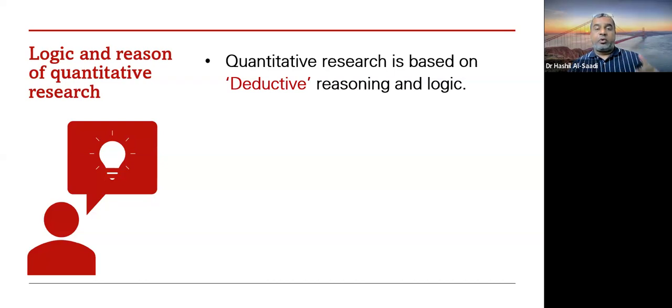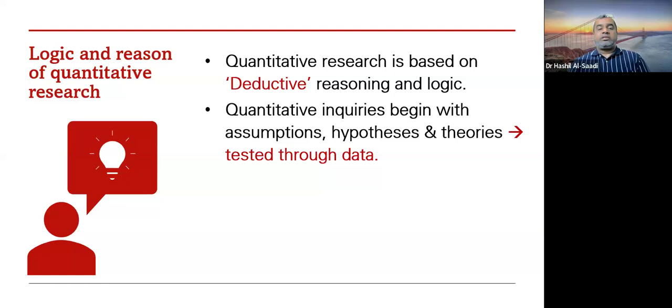This is different from qualitative research, which is usually inductive, اللي هو يكون استقرائي أكثر. Okay, نعمل عملية استقراء. But here we are making deduction, which is استنتاج أو استنباط. Okay, so let's see what it means. With quantitative inquiries, usually we begin with some kind of assumptions, hypotheses and theories, and we use quantitative research for the purpose of testing these assumptions and hypotheses.